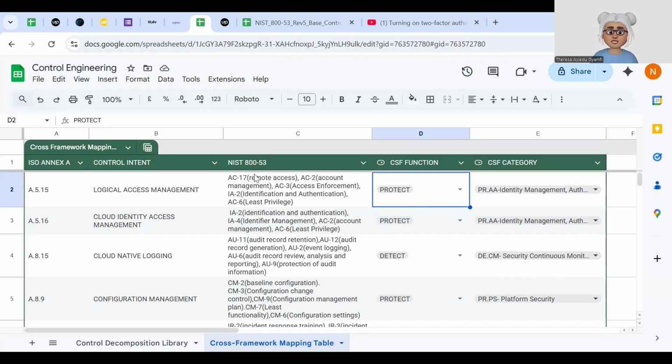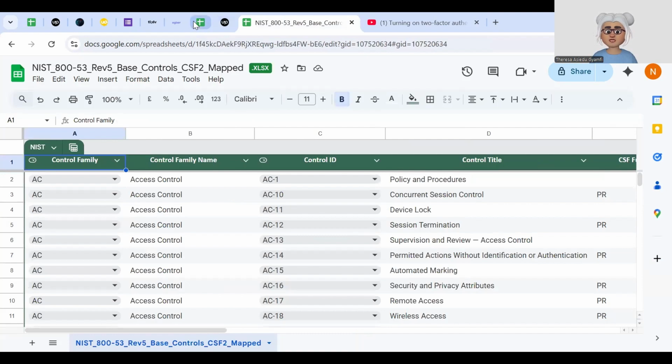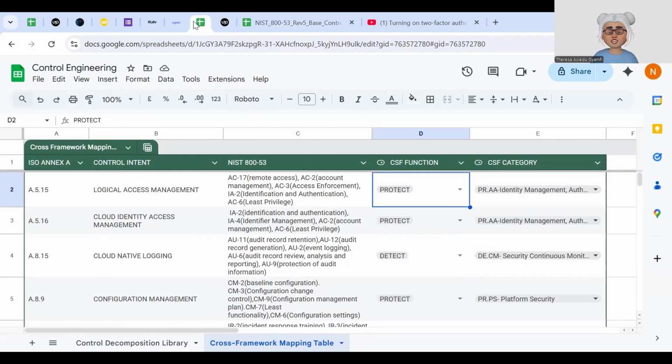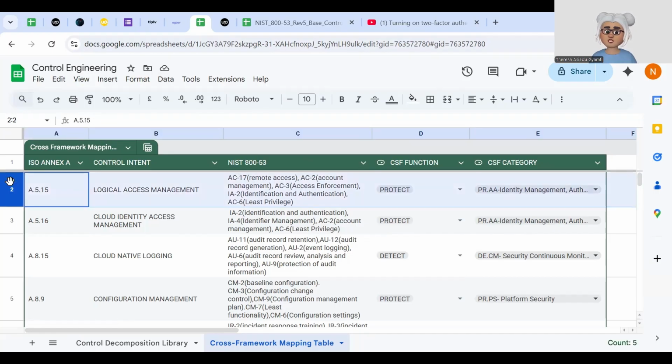For NIST 853, we are going to go with the access control and identity and authentication control family. Is that okay? And then that's what we are going to map back to the ISO 27001 control of logical access management. So that's how you engineer a control, and also the 27001 control, and then you map it to a framework.